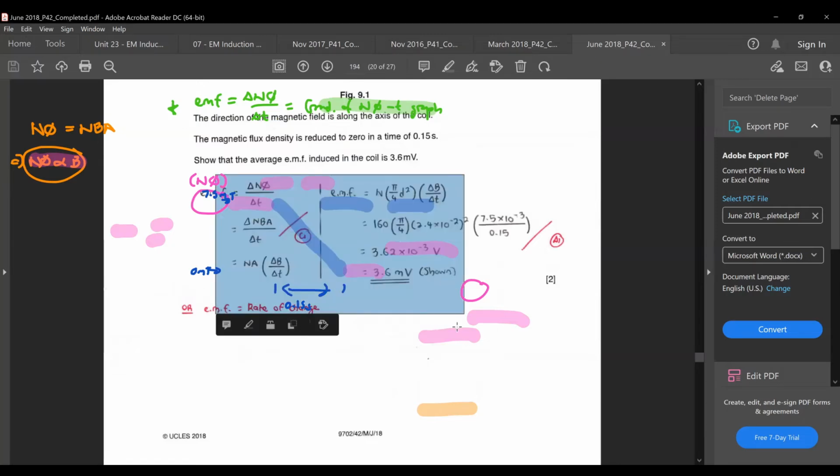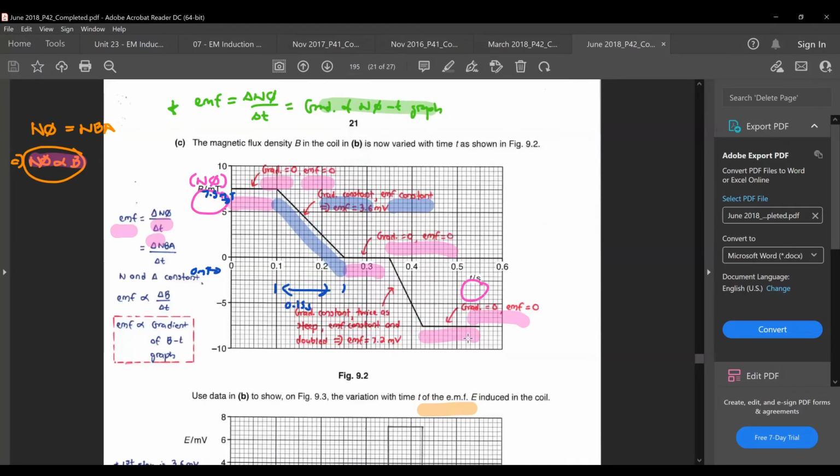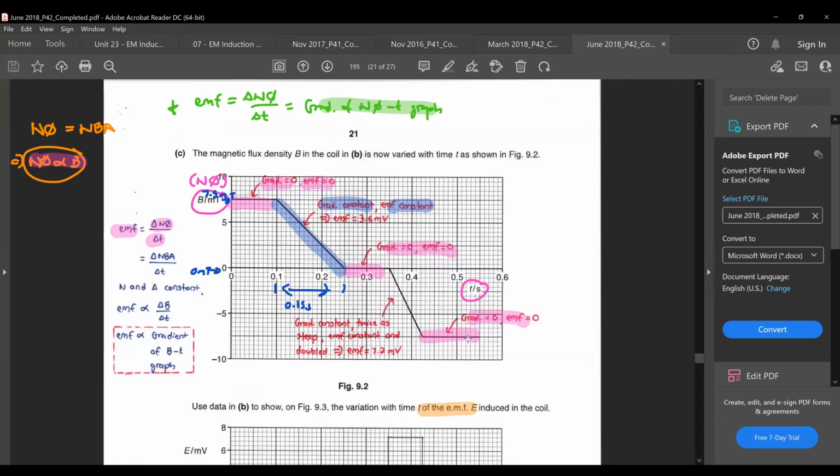You actually calculated it out already. So here, although the question never really specifically mentioned that the EMF that you calculated was from this particular blue line, you're supposed to know it is from there, just by looking at how the flux density changes. So that's why here I know that my EMF is going to be 3.6 millivolts.